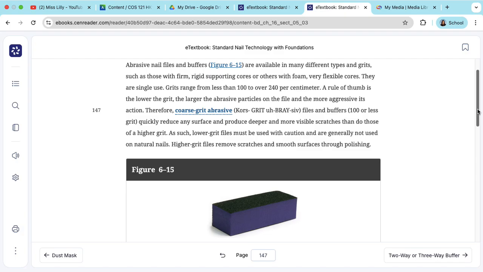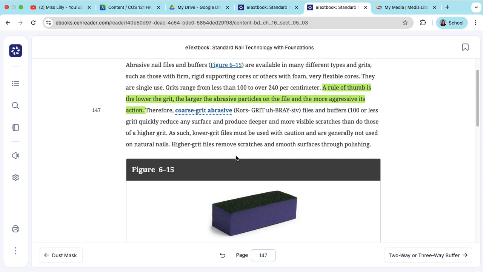They are single-use. Grits range from less than 100 to over 240 per centimeter. A rule of thumb is the lower the grit, the larger the abrasive particles on the file. Very important. And the more aggressive its action.